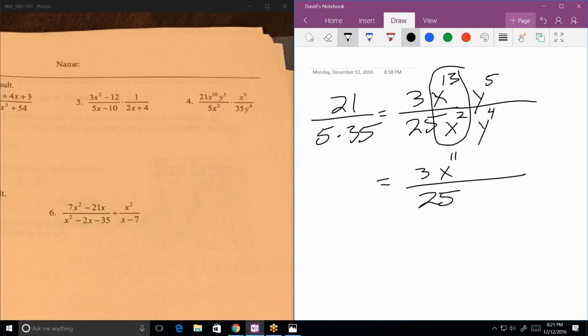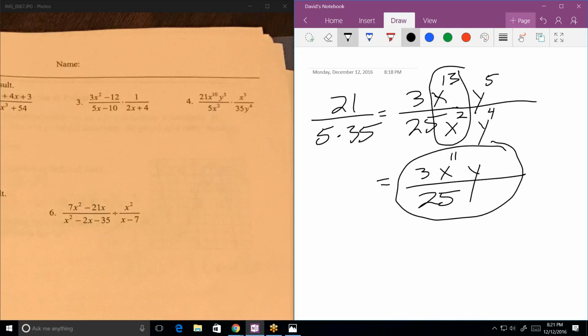Okay. And then what about the y's? And then the y's would be just y. Numerator or denominator? Numerator. What they usually ask for on these problems is always give your answer with positive exponents.